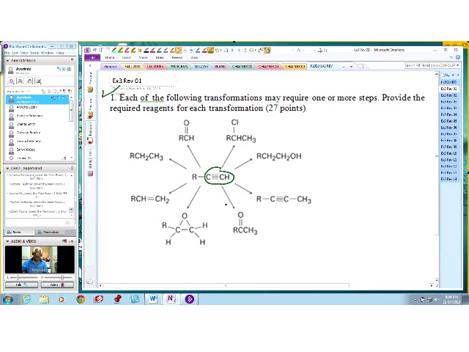Instead of using the generic R, I'm going to use a specific alkyl group so that we can transform a terminal alkyne to each one of these. Specifically, this question is testing your knowledge of the reagents. It is also testing your knowledge of the synthesis of the different classes of organic compounds.